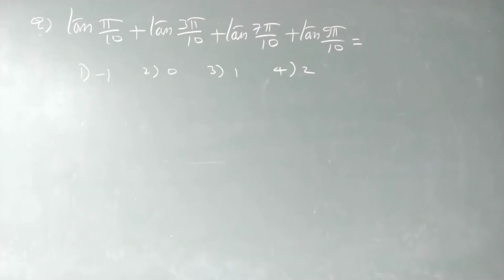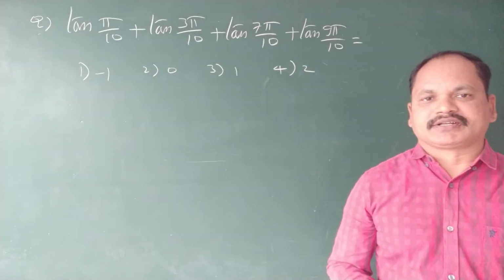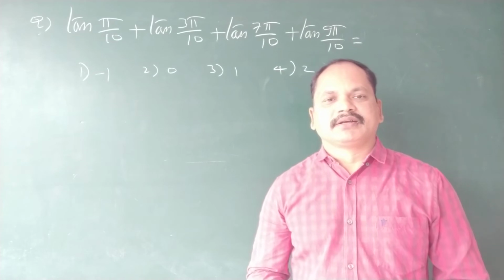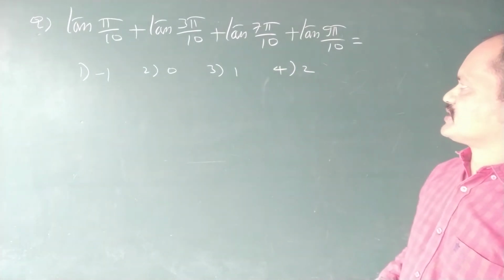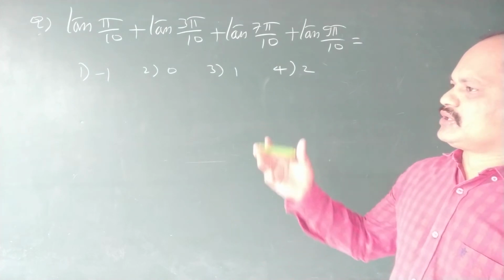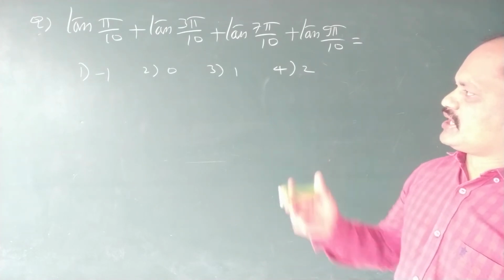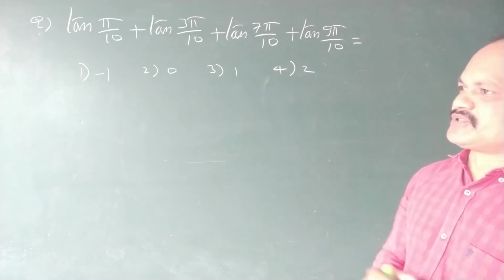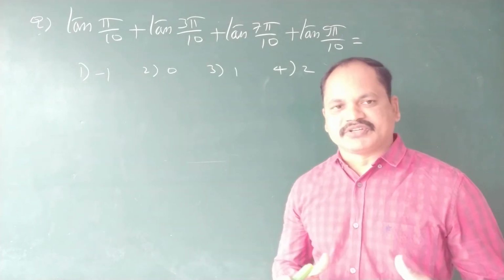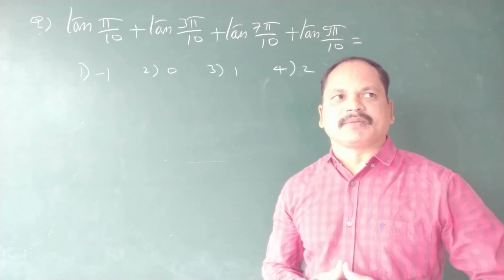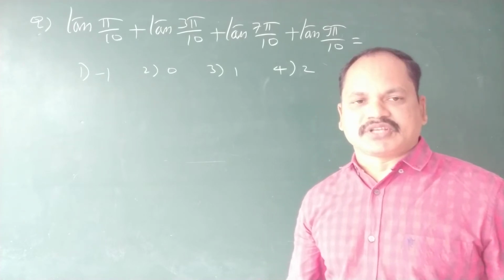Now observe the question: tan pi by 10 plus tan 3 pi by 10 plus tan 7 pi by 10 plus tan 9 pi by 10 is equal to: first option minus 1, second option 0, third option 1, and fourth option 2. This question also depends upon the condition of supplementary angles.